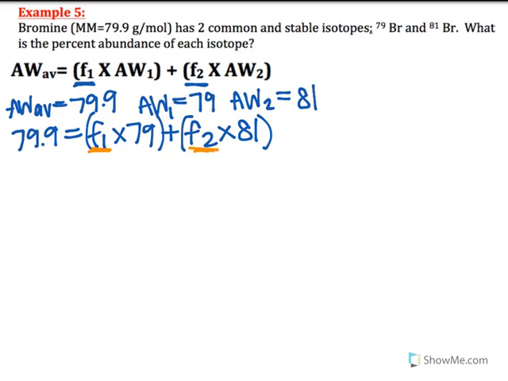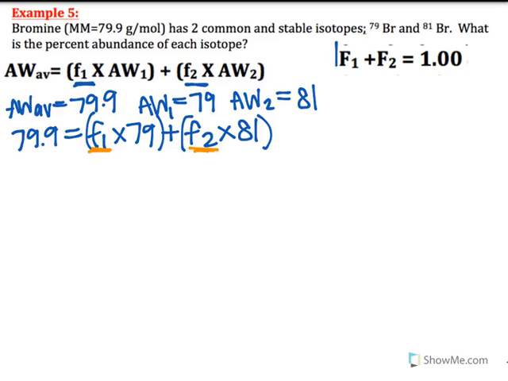So, we need an equation relating F1 and F2. Aha! We know F1 plus F2 equals 1. So, we can maneuver this so that F2 equals 1 minus F1.